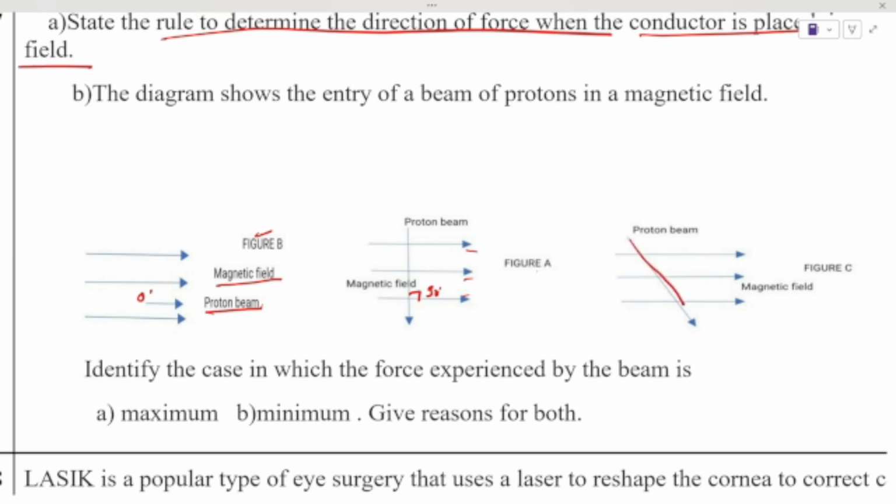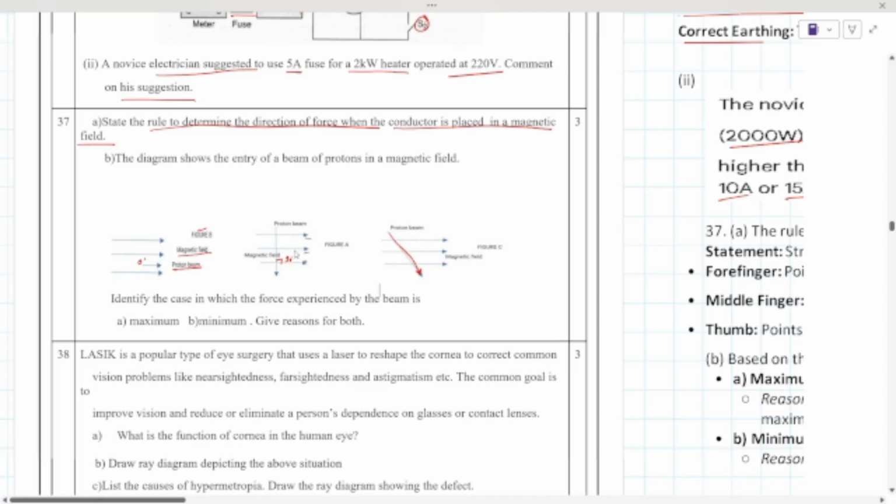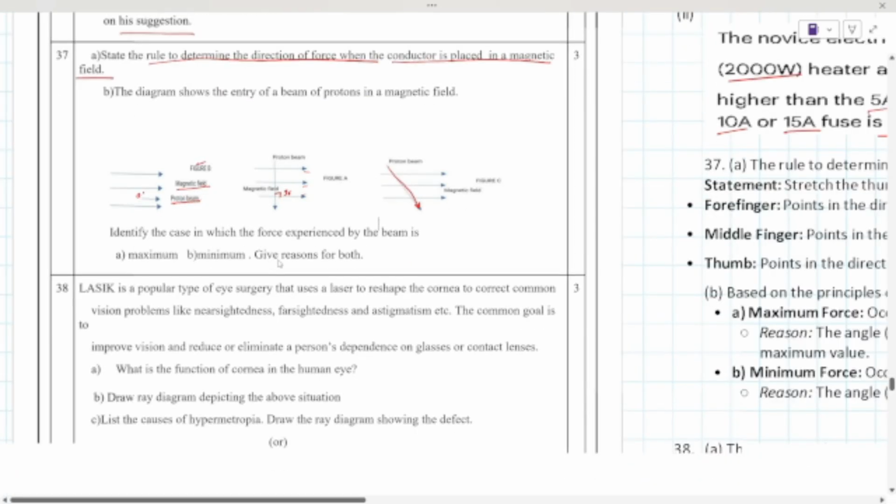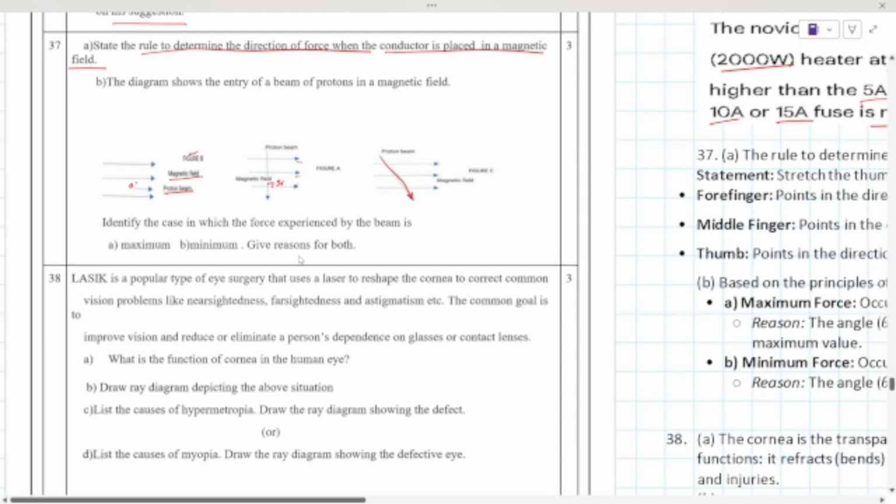Here it is clockwise. Okay. Identify the case, meaning the formula, right?